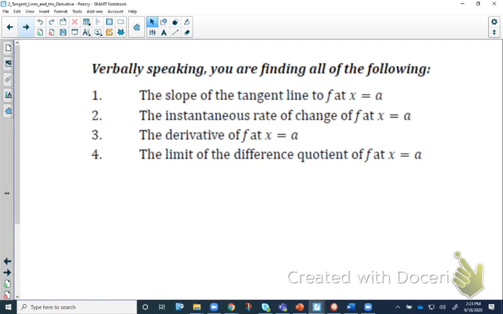And that's usually what we think of the derivative of a function being, is one of those three things. But the fourth one is saying that the limit of the difference quotient, nobody really thinks of it like that, at least not in my experience. So slope of the tangent line, instantaneous rate of change, or simply derivative, all refer to the same thing.